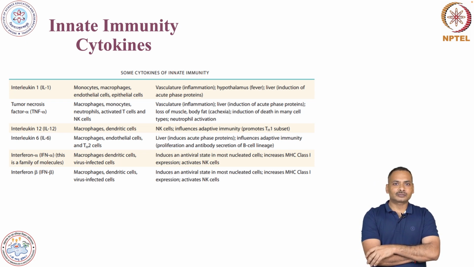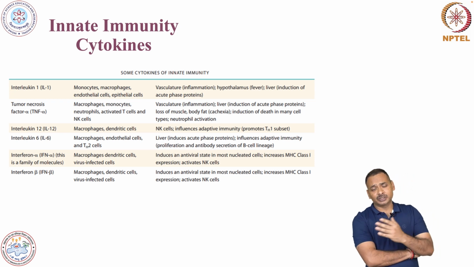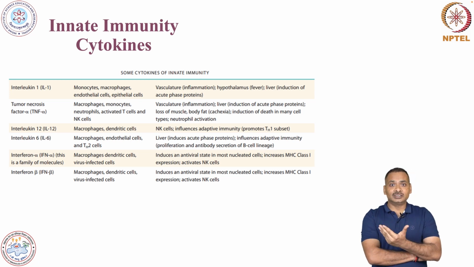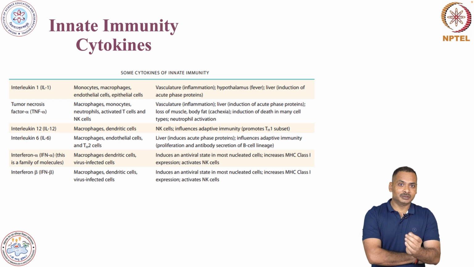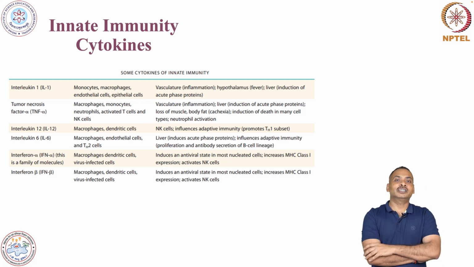Okay. So for example, IL-1 is produced by a variety of cells. As you can see, it is produced by monocytes, macrophages, endothelial cells, and epithelial cells. Please remember, endothelial and epithelial cells are non-immune cells, but they produce cytokines.